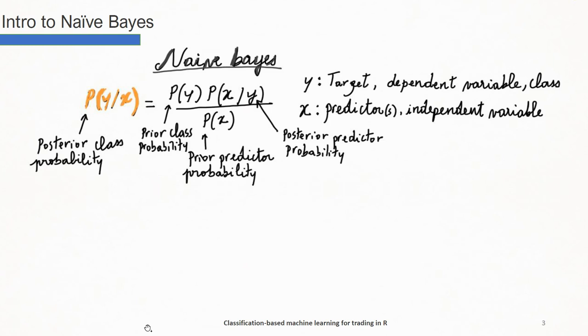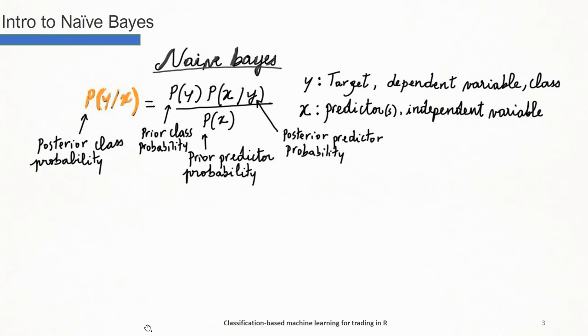So you do have y, which is the target variable, or the dependent variable, also called class. So when I say classes, I mean the element or the features you're trying to predict. So think about target variable, dependent variable, or classes. We use these words interchangeably in the course. X is the predictors, also independent variables.